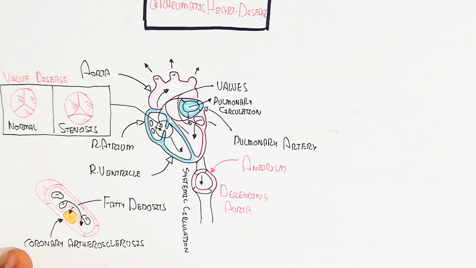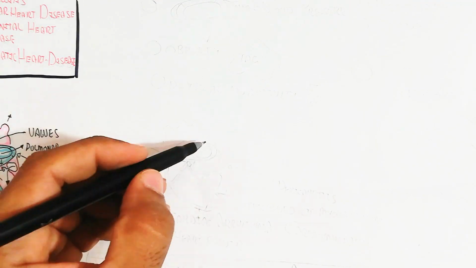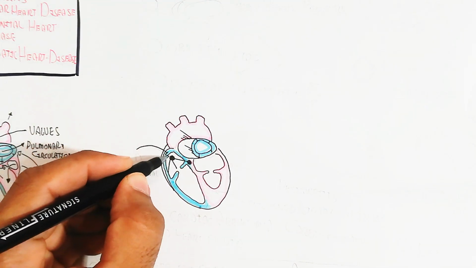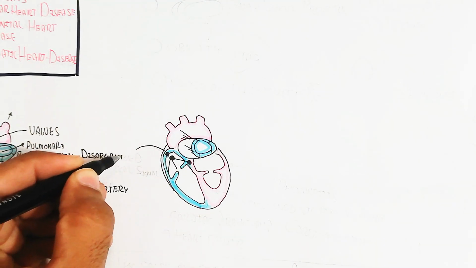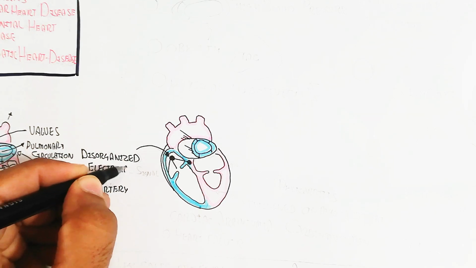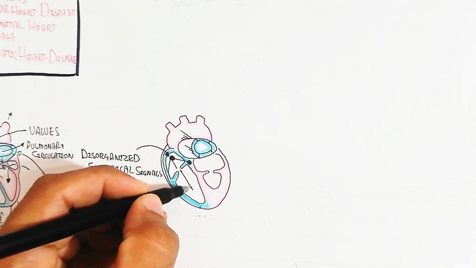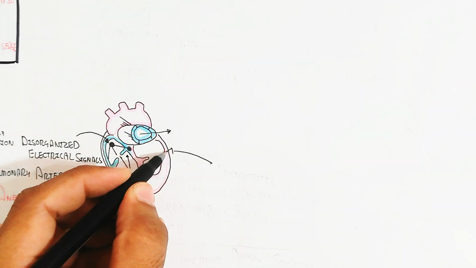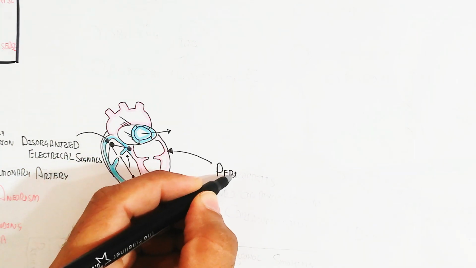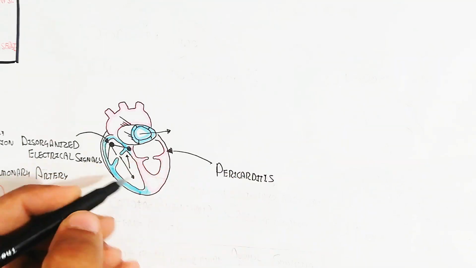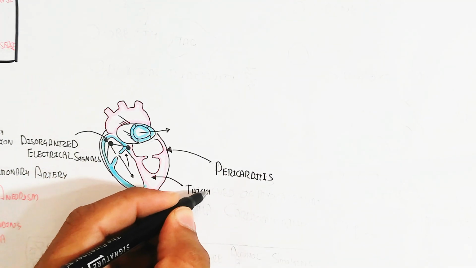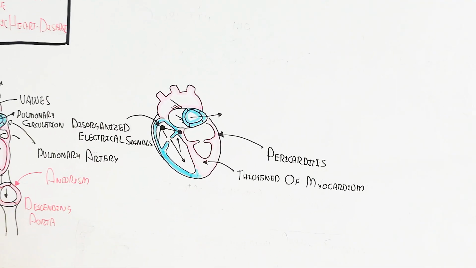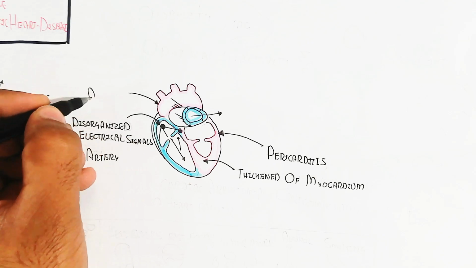This is the fatty deposition in coronary arteriosclerosis, due to type 2 diabetes mellitus or other complications. On the other hand, this is the disorganized electrical signal, due to sinoatrial node and atrioventricular node irregularity. While this is aortic stenosis, and this is pericarditis, the inflammation of the pericardium, and this is the thickening of the myocardium, known as myocarditis.